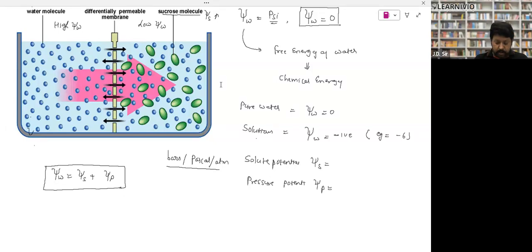Done, sir. Okay, so note down some definitions. The chemical potential of pure water at normal temperature and pressure is zero.